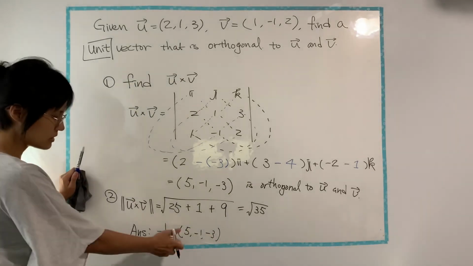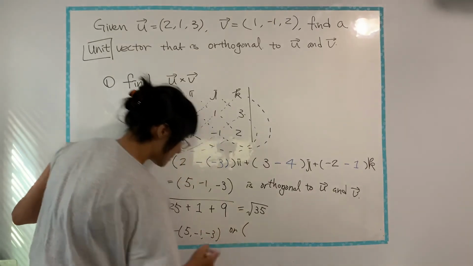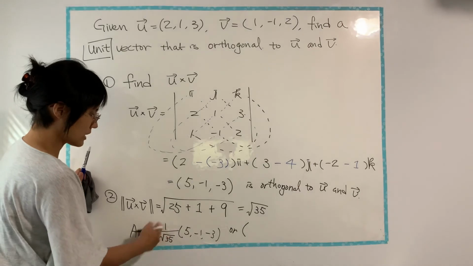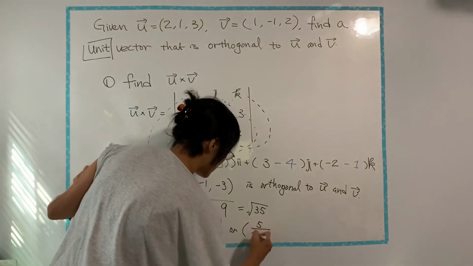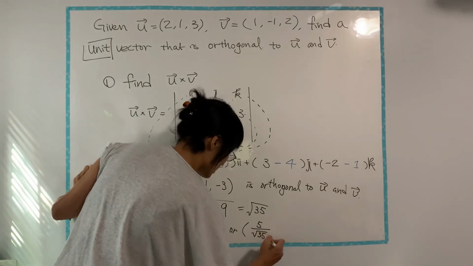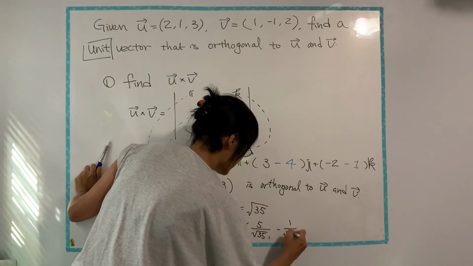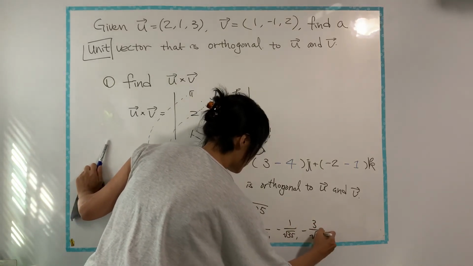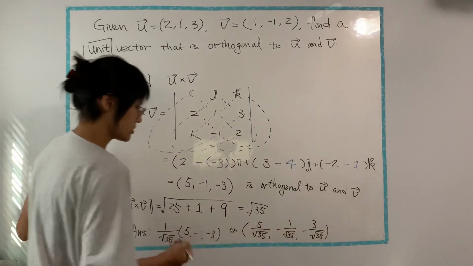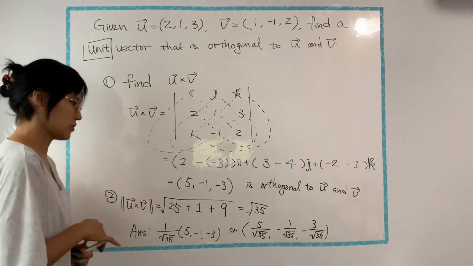Okay, so you can leave your answer like this, or if you feel like distributing the scalar into the components, you're more than welcome to do so. So 5 over root 35, minus 1 over root 35, minus 3 over root 35. Remember, this is how we do scalar multiplication. So either form is fine.